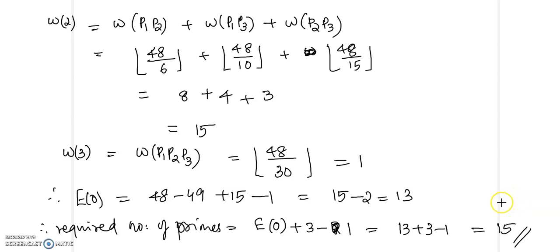The problem we have done using the sieve of Eratosthenes can also be solved by using the generalized principle of inclusion and exclusion. So this is how we use the principle of inclusion and exclusion in this context.